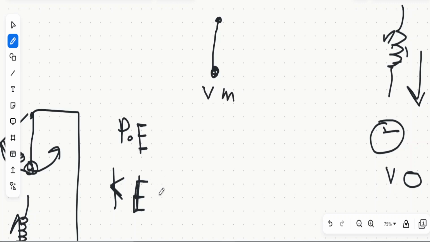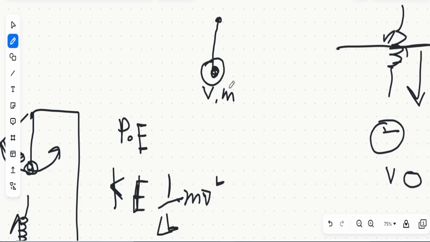And kinetic energy is half times m v squared. This is the formula for kinetic energy. So when my velocity is maximum, when is it maximum? It's maximum at the equilibrium, when it's at the center. So when the ball or the spring is at its center, my kinetic energy would be maximum.